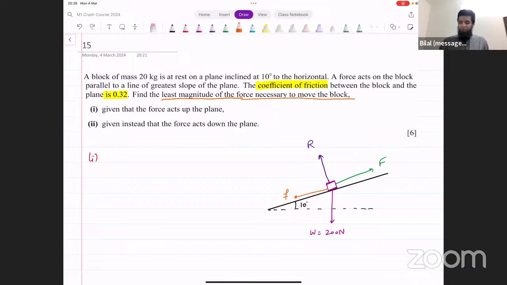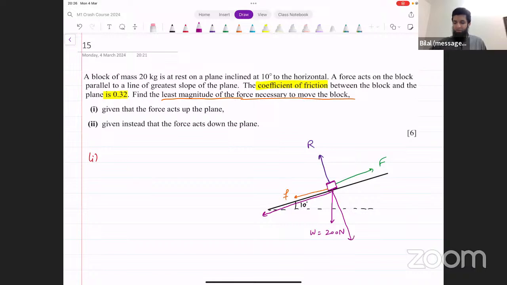Now let's resolve the forces first. Reaction, friction, and this force that you're applying on the block, they're all acting either parallel or perpendicular to the surface. Only weight is acting in a different direction. Let's resolve weight. There are going to be two components of weight, one acting in this direction and the other acting perpendicular like this.